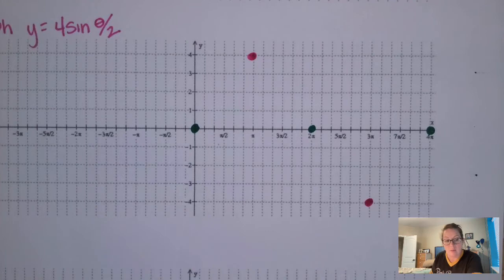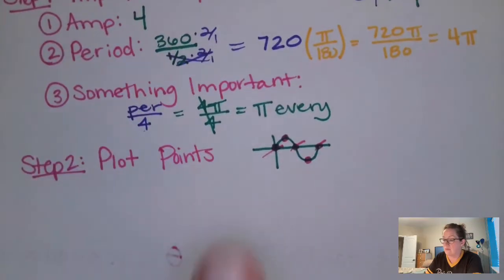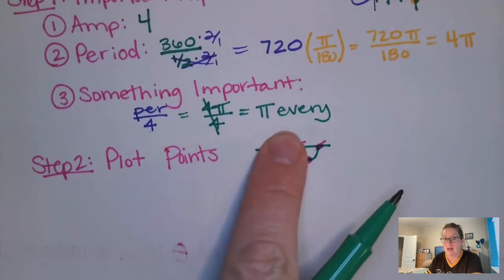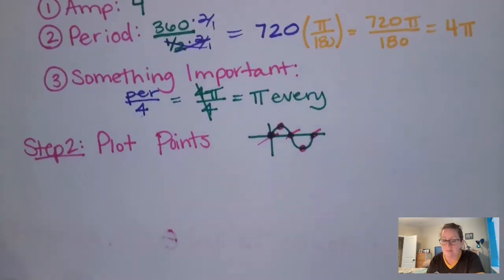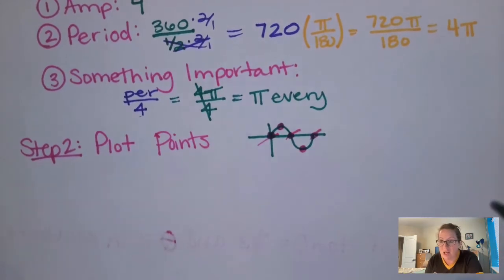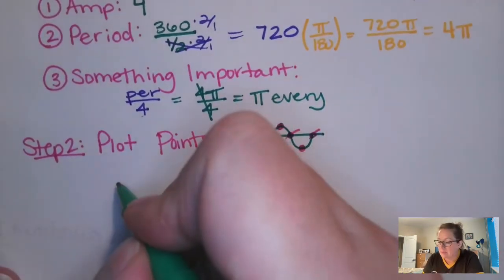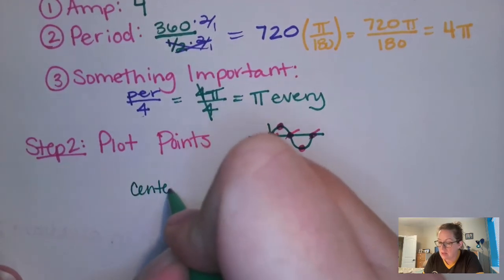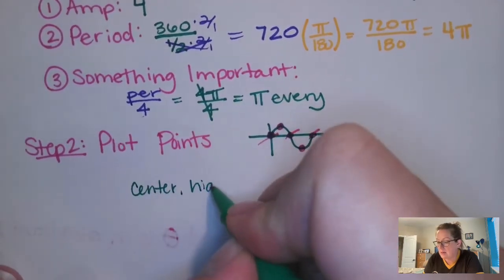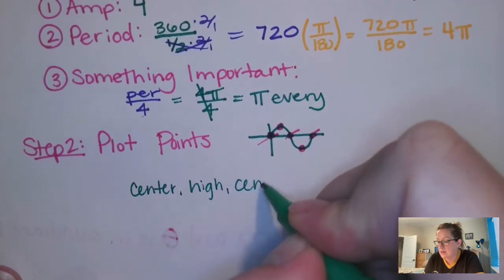So we talked about dividing this thing by 4, right? The period divided by 4 for pi. So every pi, something important is going to happen. So we do this little pattern, and we're going to plot something in the center. We're going to plot something high. We're going to plot something in the center.